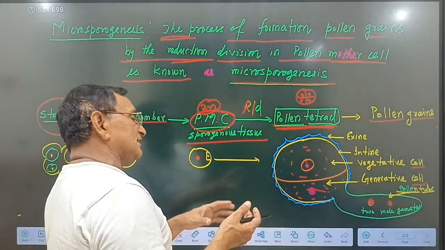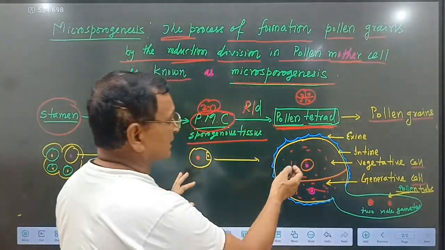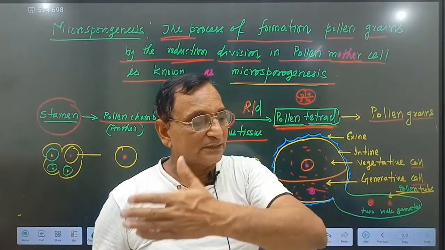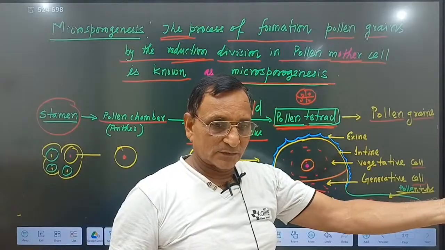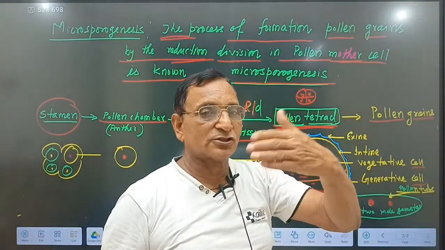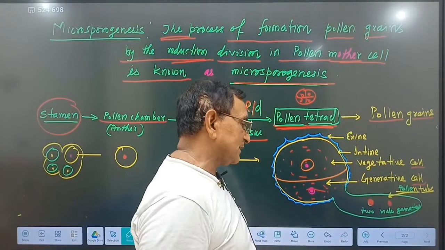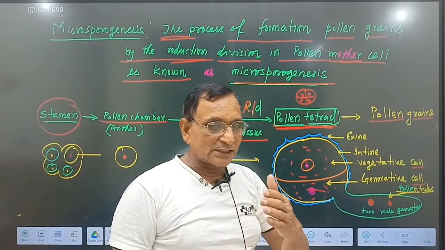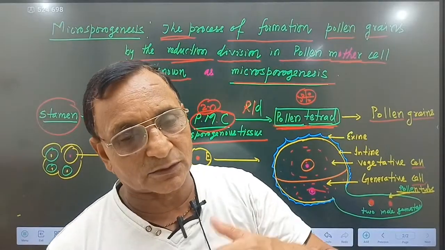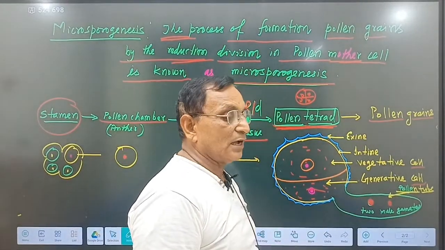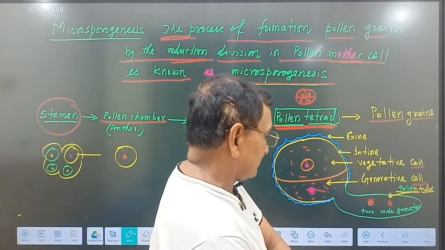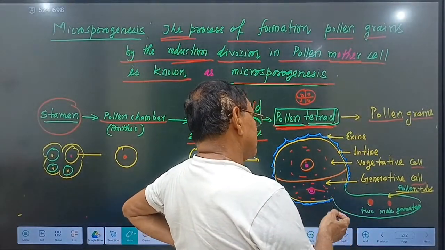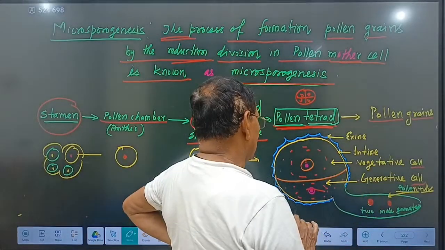At this stage the pollen grain is a two-celled structure. The pollen grain is pollinated from anther to stigma by cross-pollination or self-pollination. Then the stigma supports and nurtures the pollen grains, and after getting nourishment the pollen tube develops.